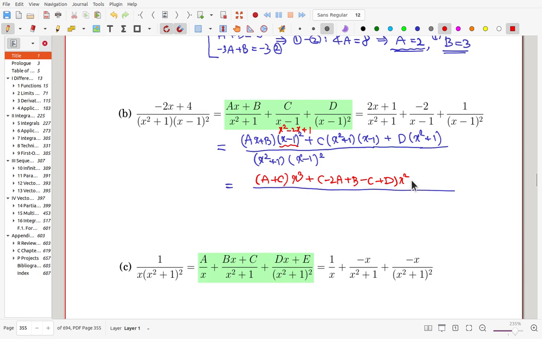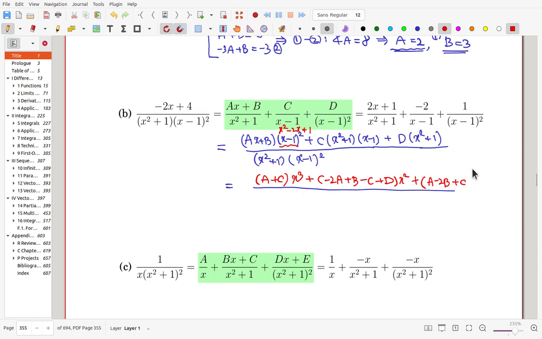Okay. Now the coefficients of x. From here, you can get a and minus 2b. Okay, a and minus 2b. And from here, the x term will appear when you multiply this way, so now plus c.